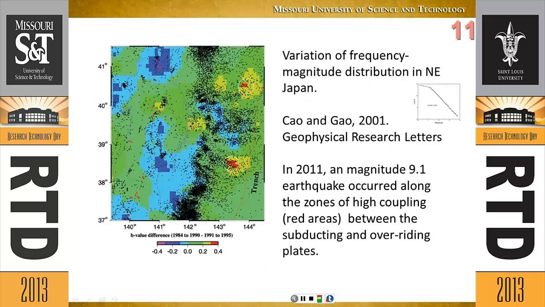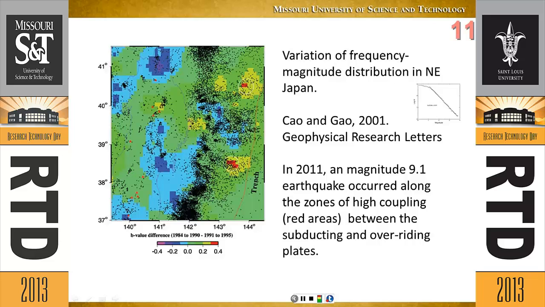Another very fancy one is that in 2001, a student of mine and I published a paper about Japan. Japan is here, so that's the northern part of Japan. And we found that in the Pacific Ocean, there was something very strange. There was a big change in something called the b-value, or the frequency-magnitude distribution of earthquakes.